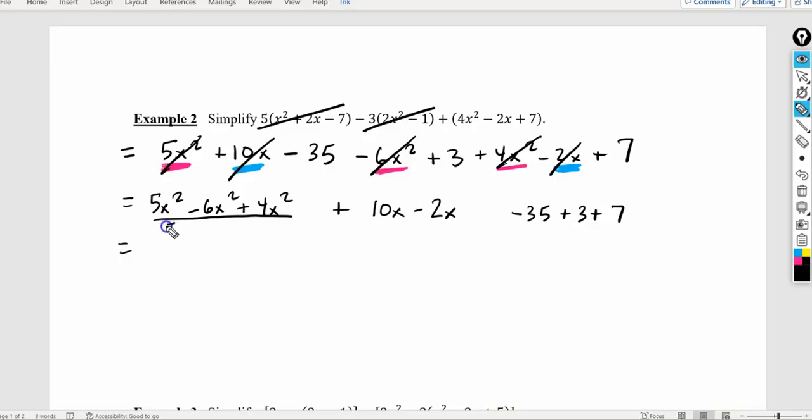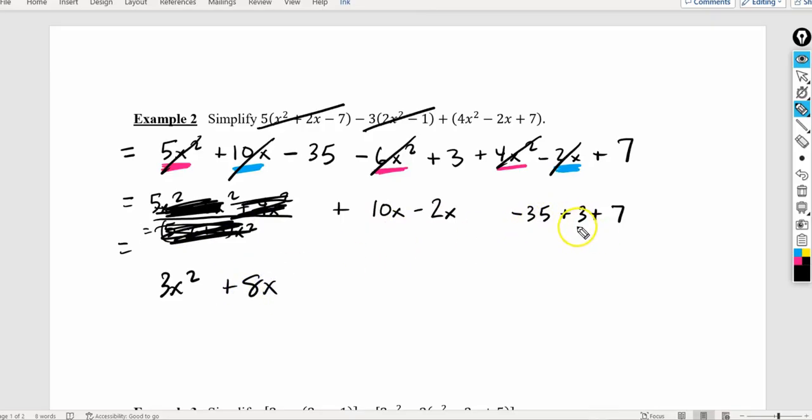You can think of this as 5 minus 6 plus 4 all times x squared, and that would give me 3x squared. And 10x minus 2x is 8x.